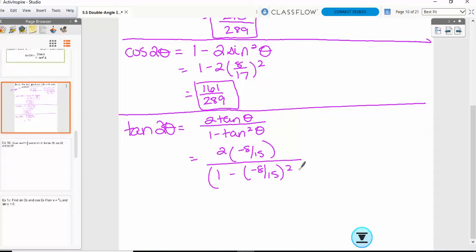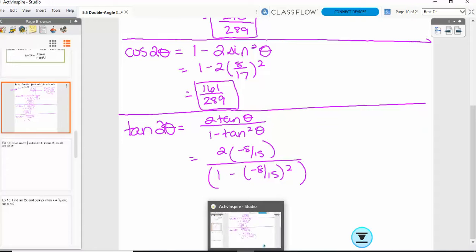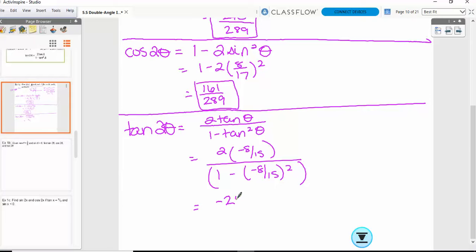If you put this all in parentheses at once, or in the calculator at once, make sure you put parentheses around the bottom. I've got negative 240 over 161.